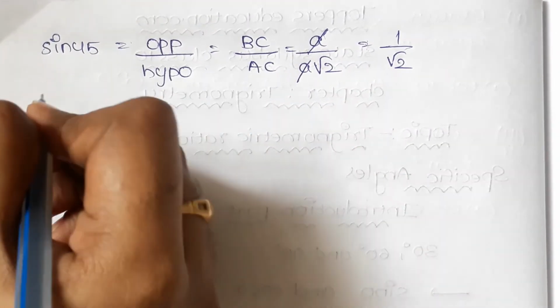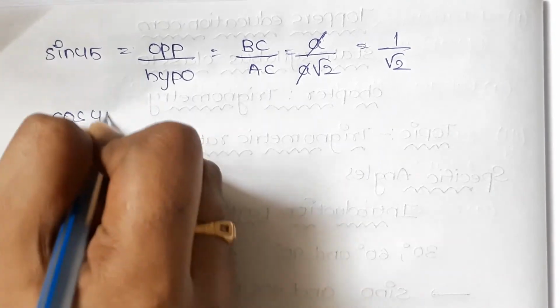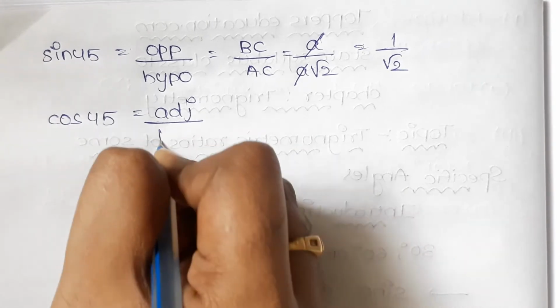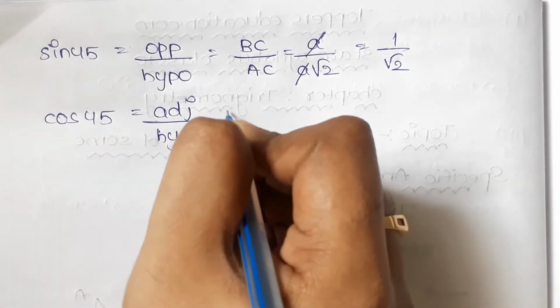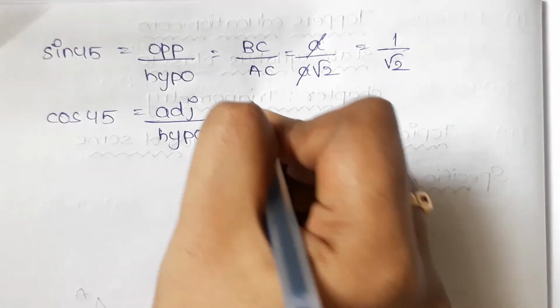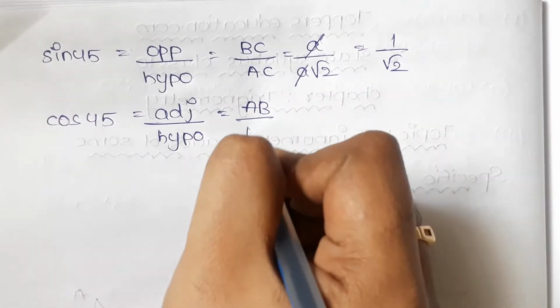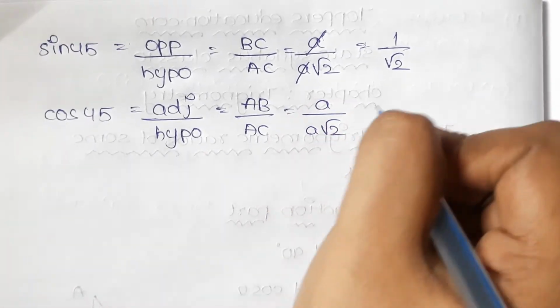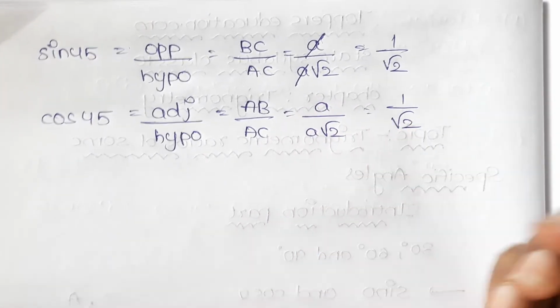Similarly, cos 45 is adjacent by hypotenuse, that equals AB by AC. AB is A and AC is A root 2, and this is also 1 by root 2.